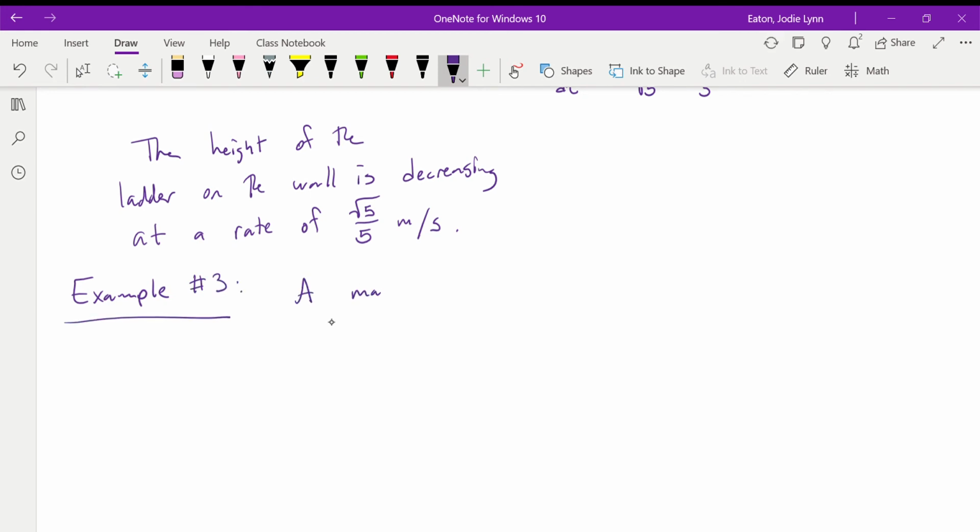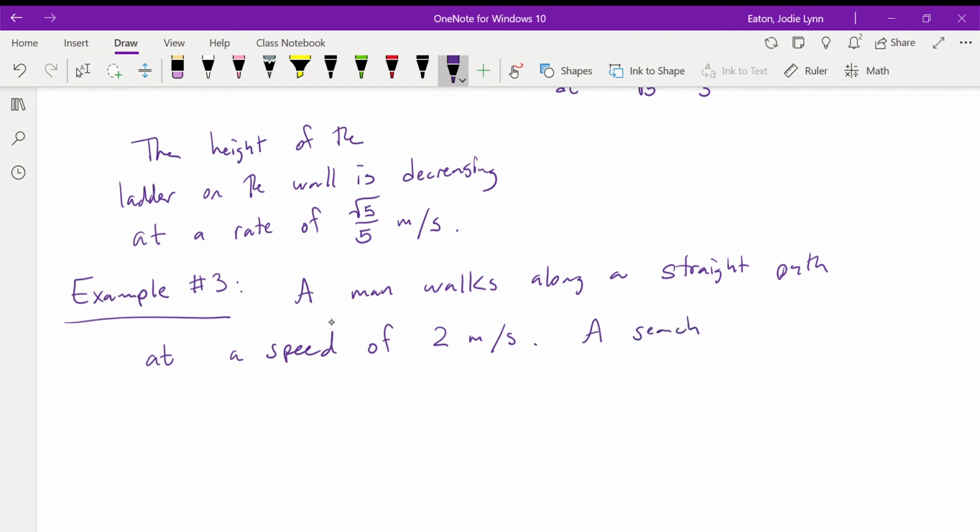A man walks along a straight path at a speed of 2 meters per second.